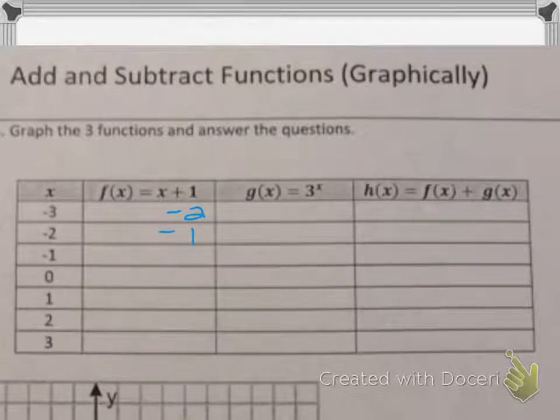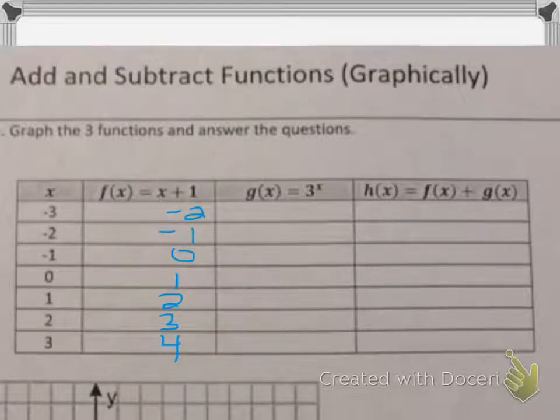Next one, I'm going to put -1 in, so -1 plus 1. That's actually going to be 0 for my y value. I'm putting 0 in, so 0 plus 1, I'm just going to do that in my head. It's 1. 1 plus 1 is 2. 2 plus 1 is 3. And 3 plus 1 is 4. So there's my values for my f of x function.